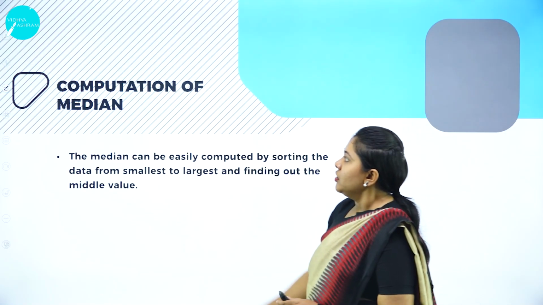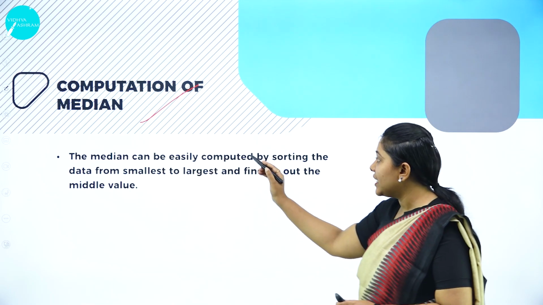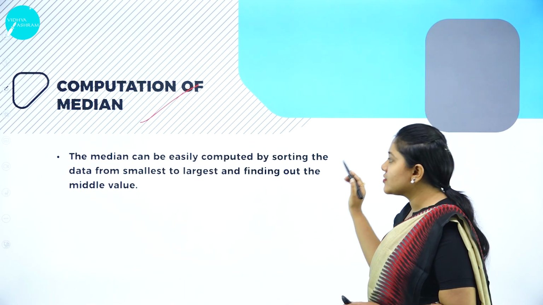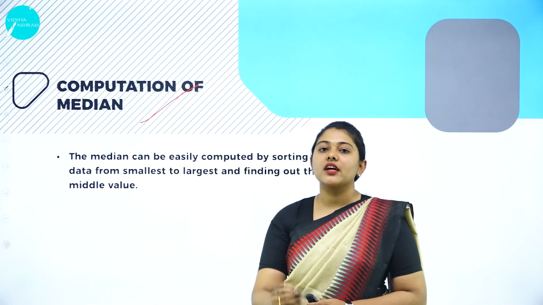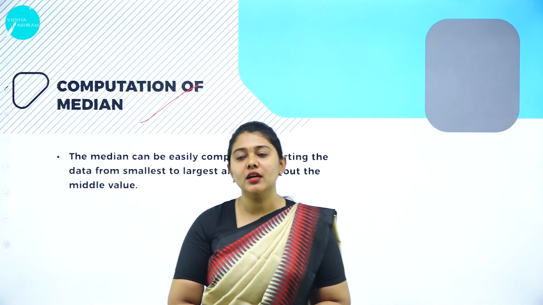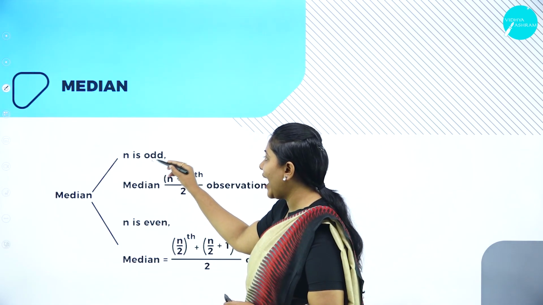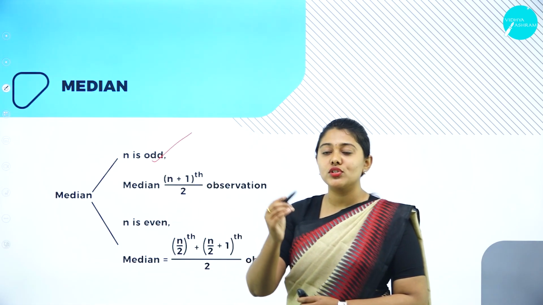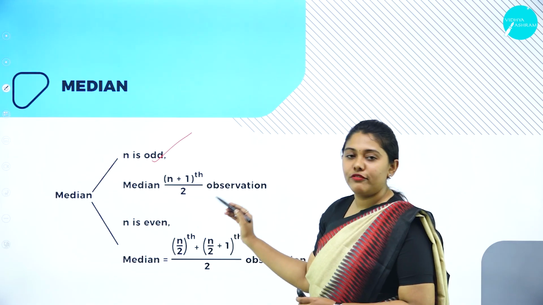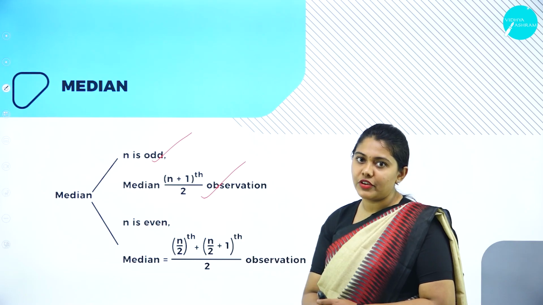Moving forward, how to compute the median? The median can be easily computed by sorting out the data. As I have told you, by arranging the data in an ascending order. The formulas for median, if n, the number of observation is odd, then the median formula will be n plus 1 divided by 2th observation.